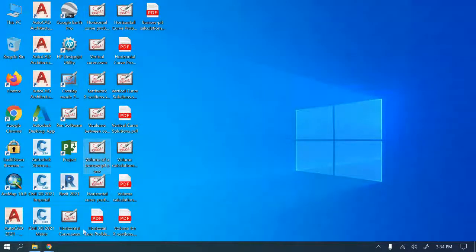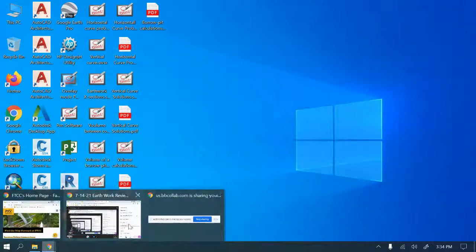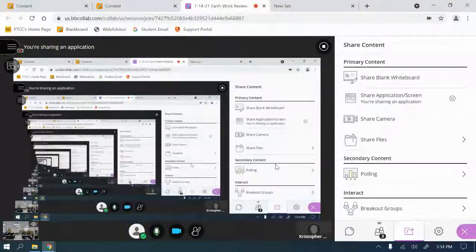Okay, so I should have 1, 2, 3. So I should have 6 PDFs. I did 2 on horizontal curves. I did 1 for vertical, and I did 3 for the volumes. So I'm going to go ahead and log out since I've done.